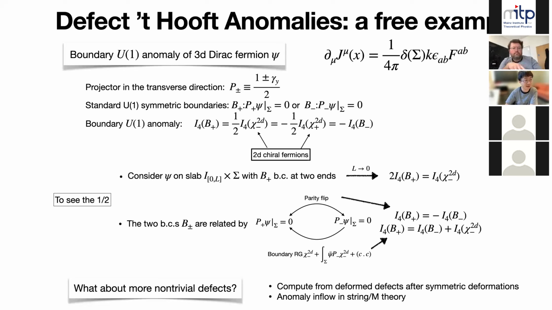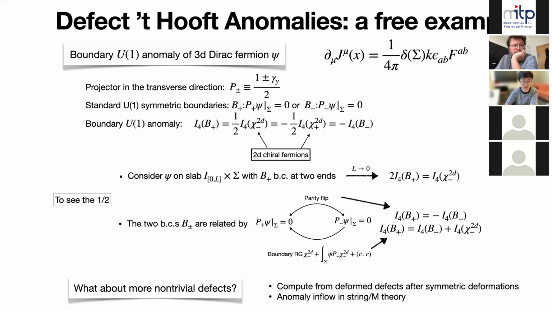But then the immediate question you can ask is, this is some free theory, so how do you determine such anomalies for non-trivial defects, which are interacting defects in interacting quantum field theories? The general strategy to approach such a problem is to use the invariant property of these anomalies.